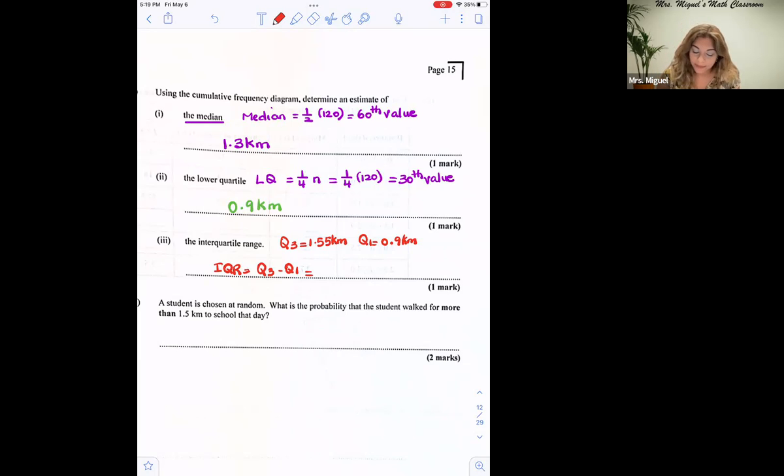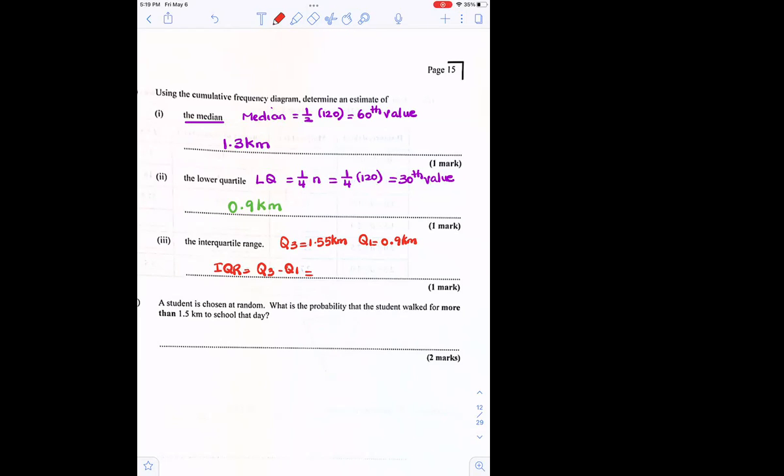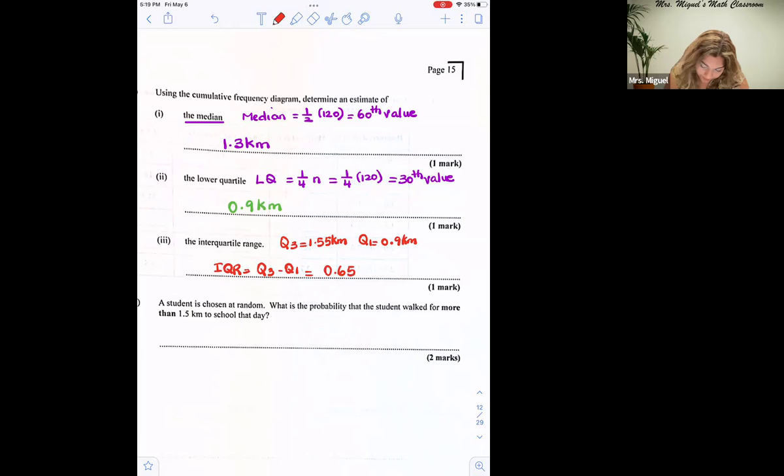All right, what is the answer? 0.65. 0.65 kilometers. Very good.